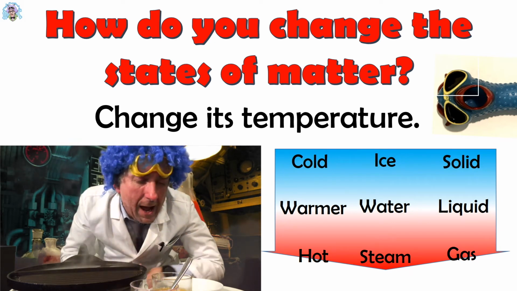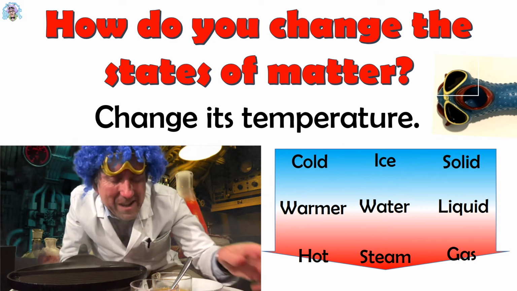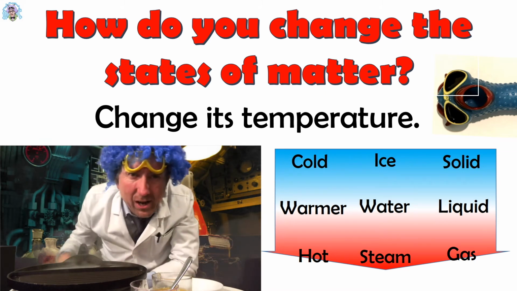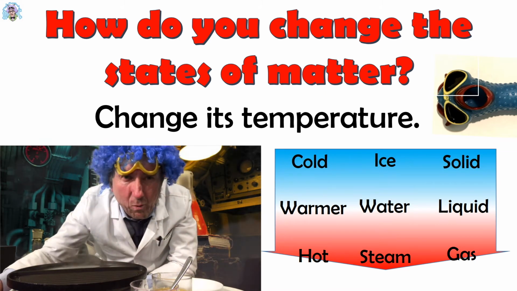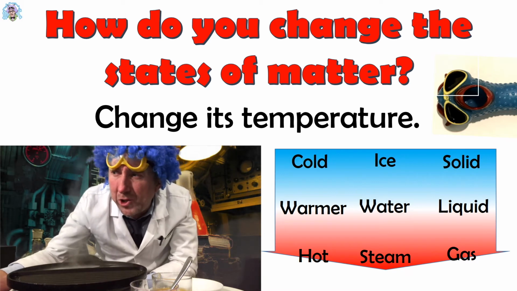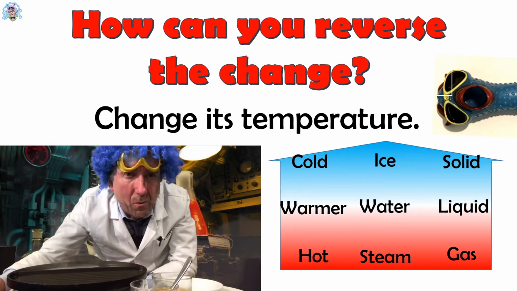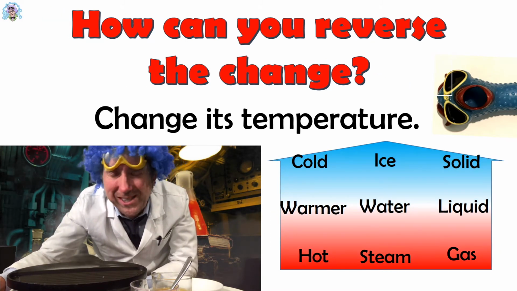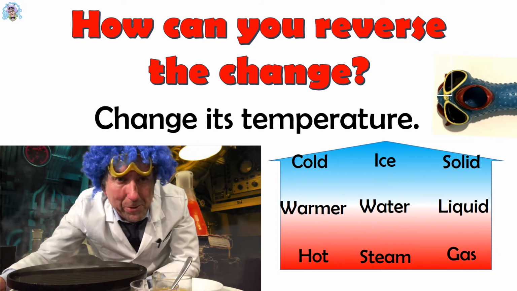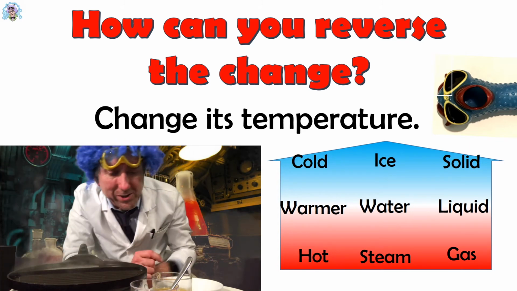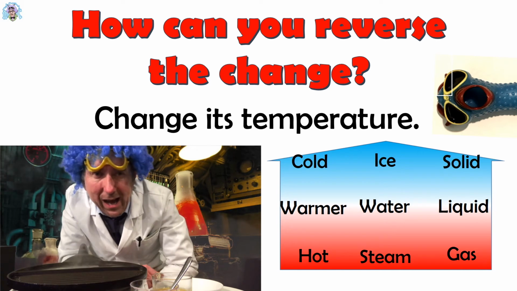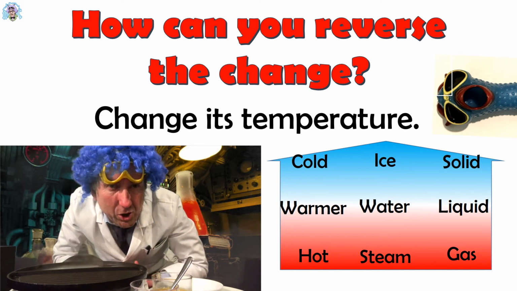Okay, so on to the next thing. Now you can actually make it go the other way. Now, how could you make it go the other way? Well, what you could do is change its temperature again. And the way you could do that is if you made the gas cold.